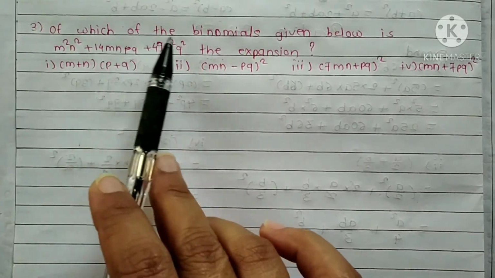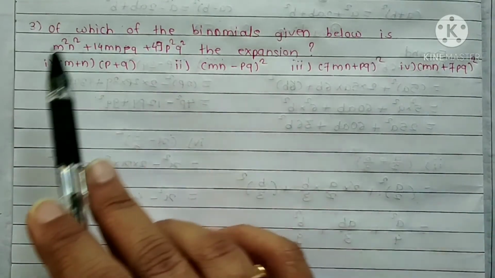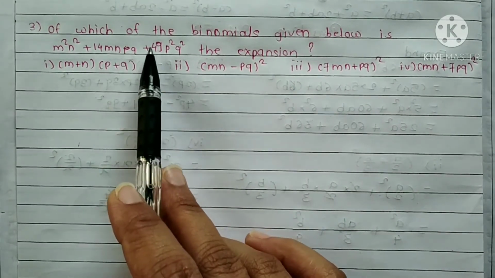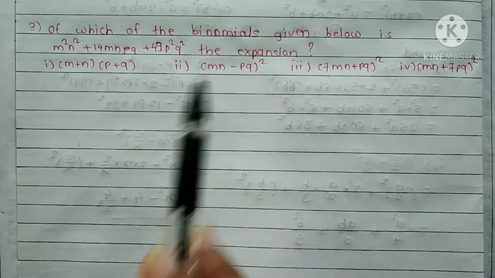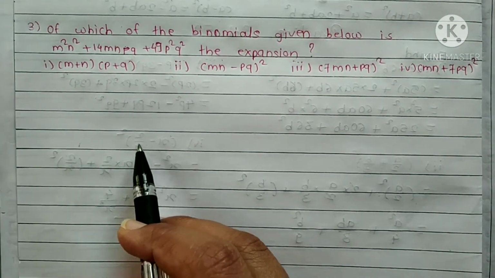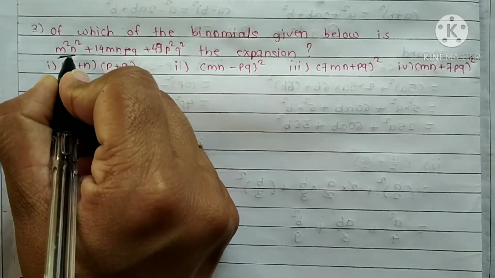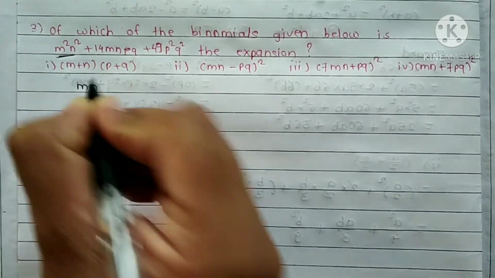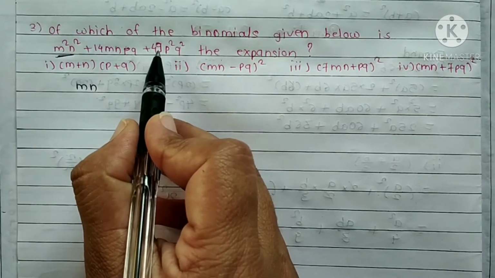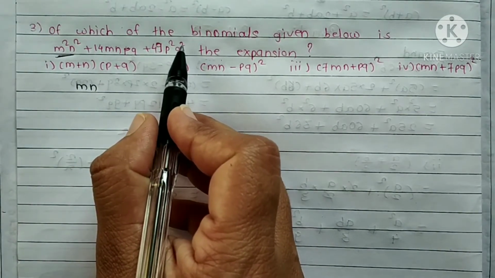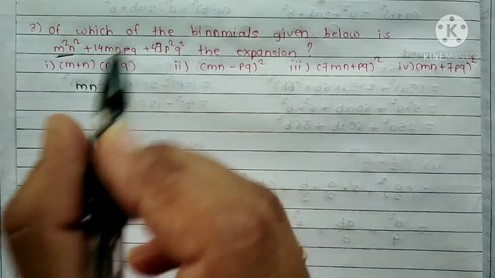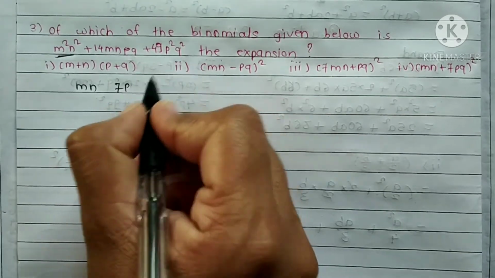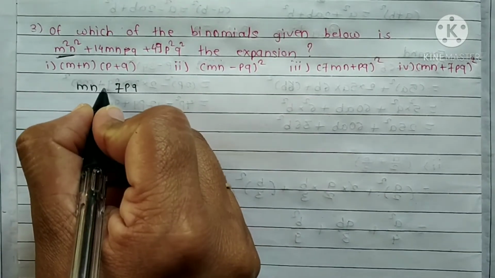Third question is, of which of the binomials given below is m square n square plus 14mn pq plus 49 p square q square the expansion? See here, the square root of m square n square is mn. And the square root of 49 p square q square: the square root of 49 is 7, the square root of p square is p, and the square root of q square is q.